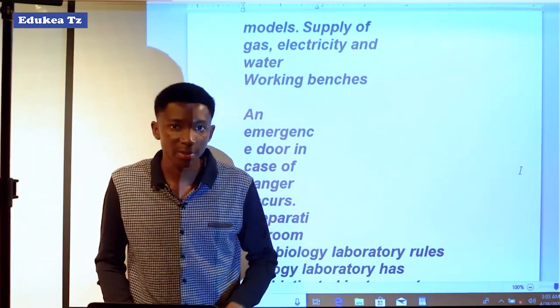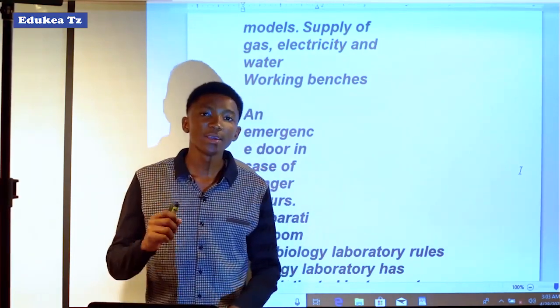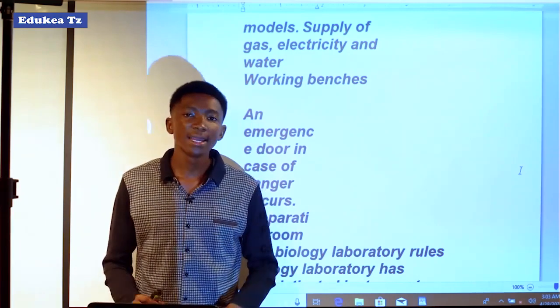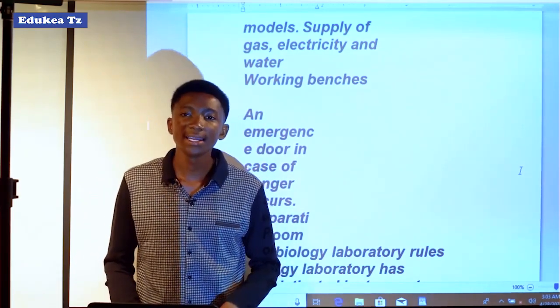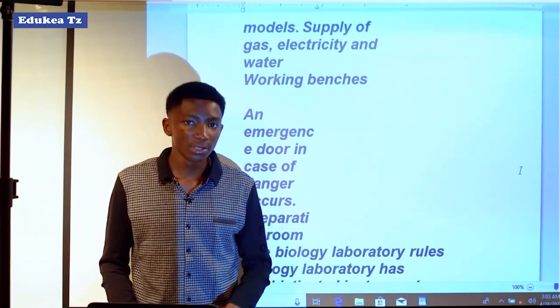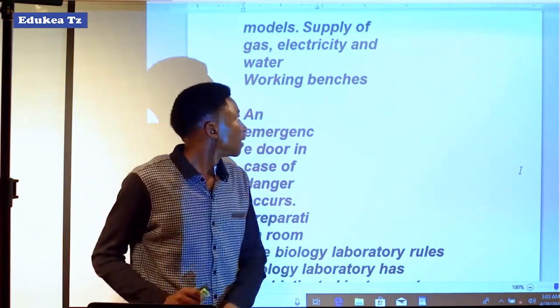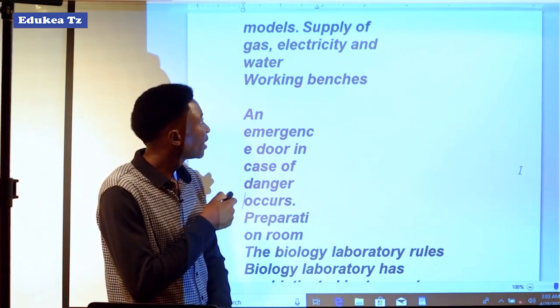So those are the characteristics which are needed for the biology laboratory.